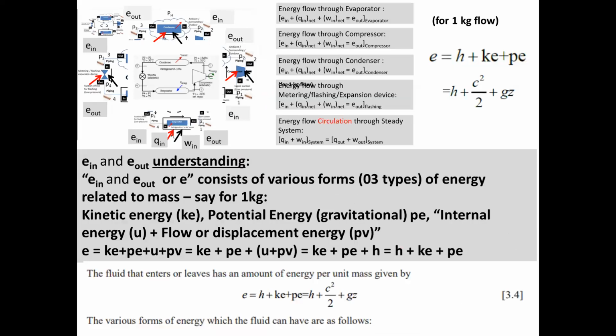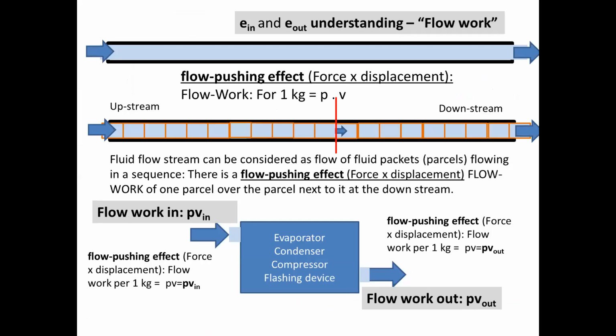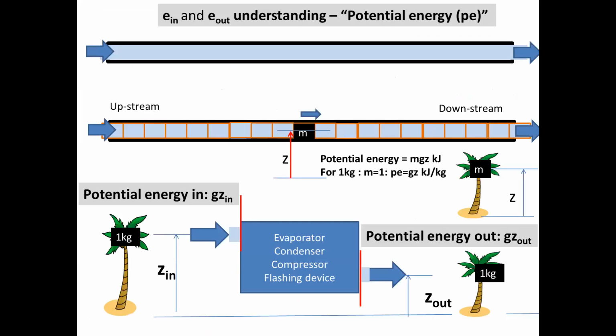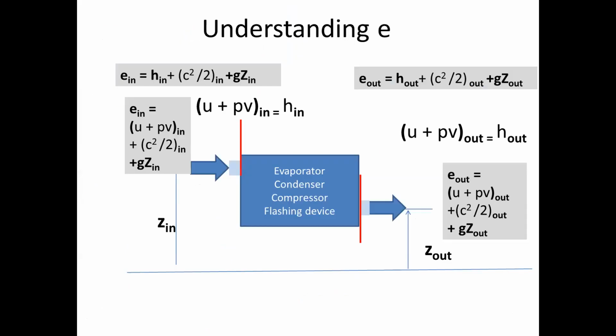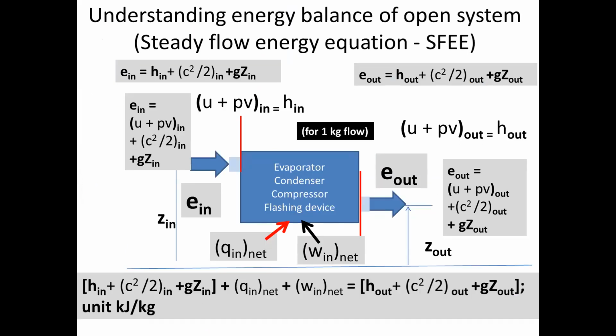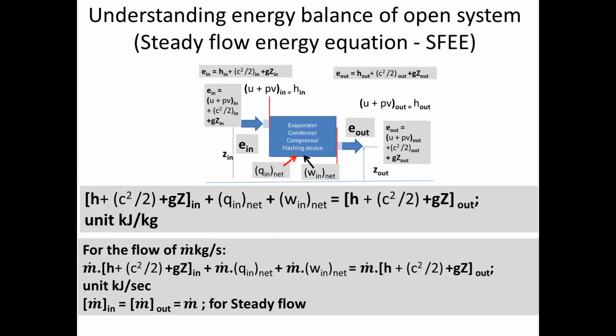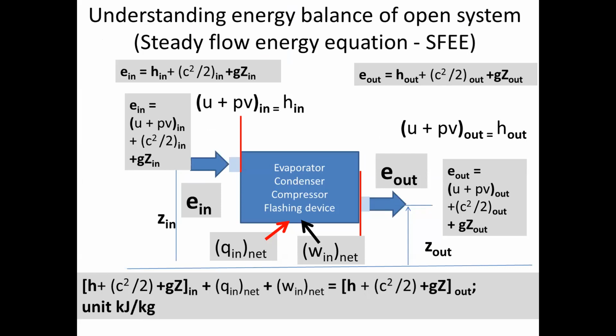So we wrote the expressions, we understand the E, the components or the types of energy related to these mass flows. Very useful knowledge, this one. One-time learning, no repetitive learnings of this.